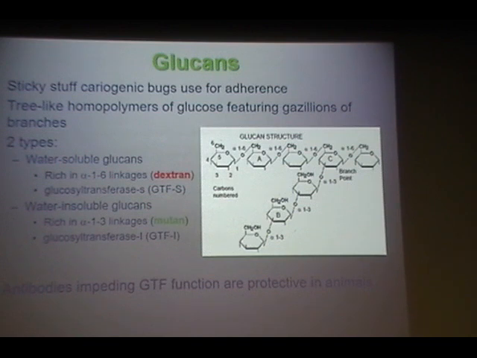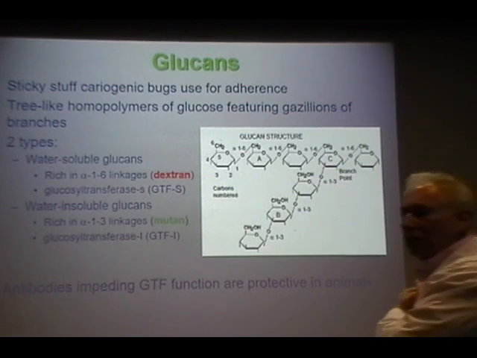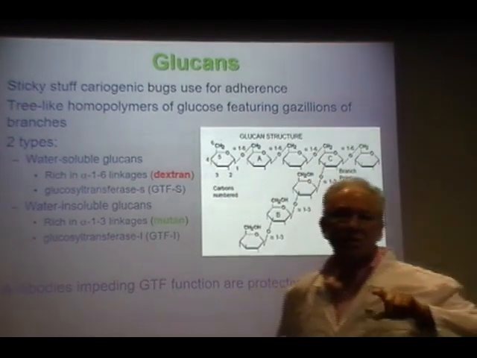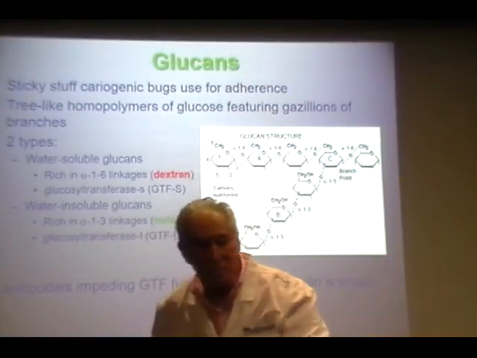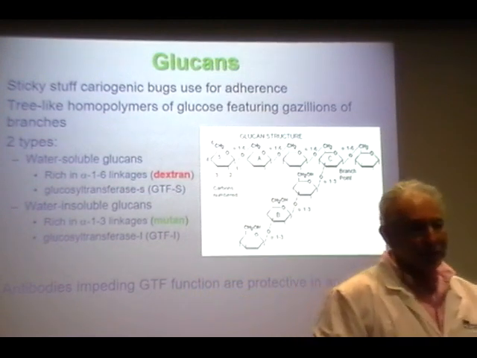I'll talk about that in a minute. So, to repeat, this is the sticky stuff that these cariogenic bacteria use to adhere to one another as a strategy to circumvent the poor adherent ability of the organisms to bind to salivary pellicle.